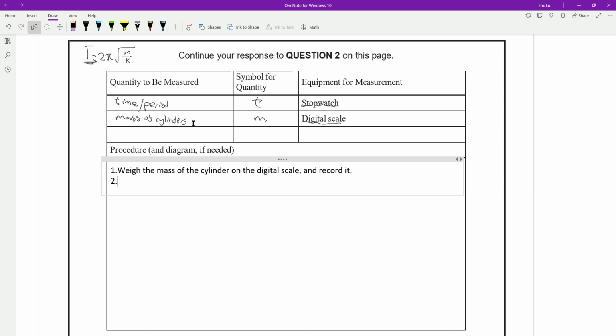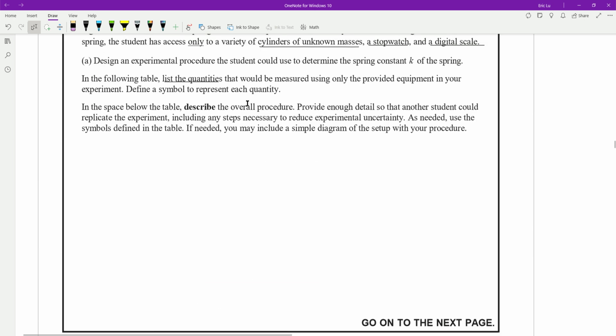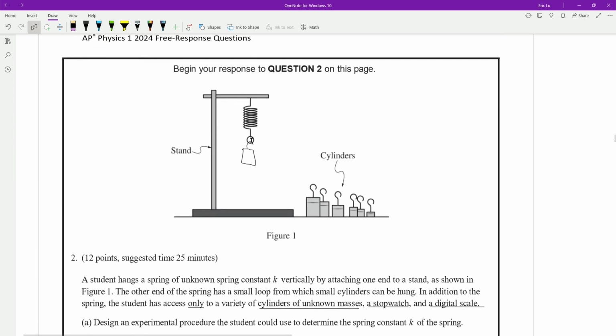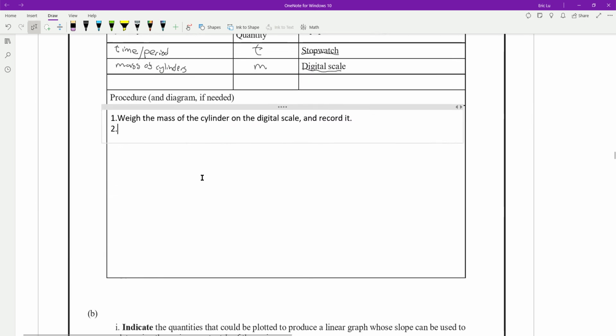So number two, after you have the mass, you could just directly hook it onto the spring. So two would be hook the cylinder onto the spring stand.